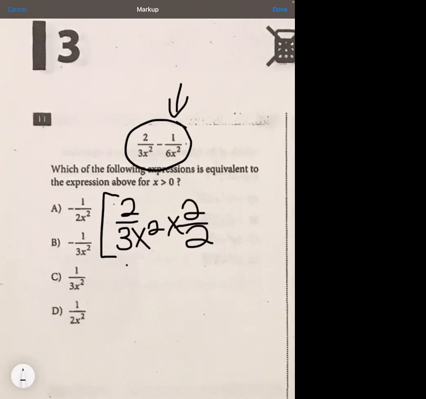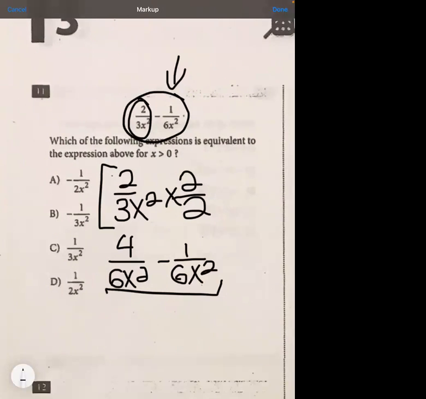So we'll get 4 over 6x squared, which is equal to 3x squared, right? So we can replace that. Now the denominators are the same, so we could combine them and just solve for the numerator.